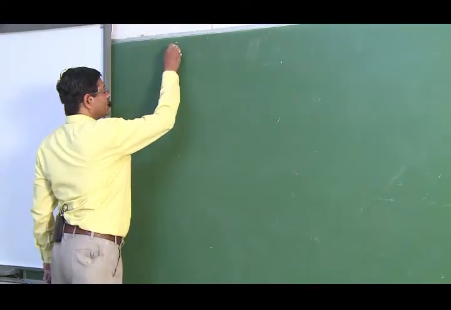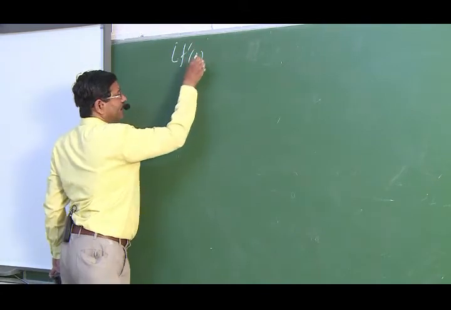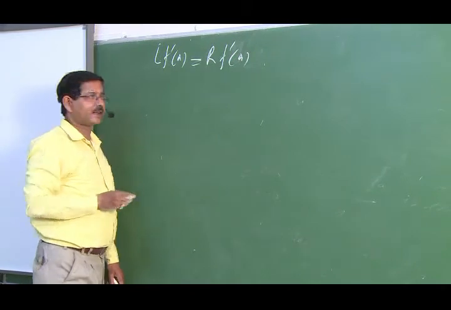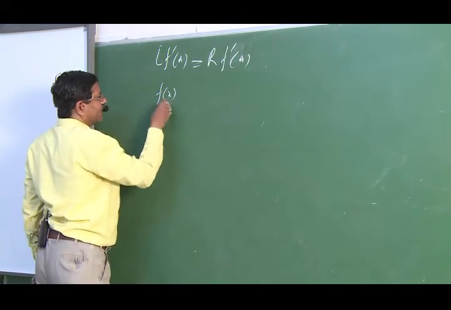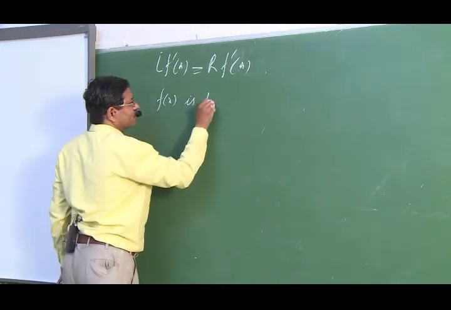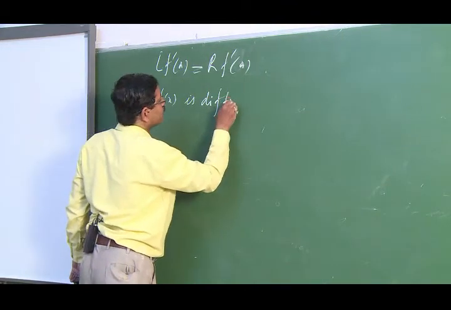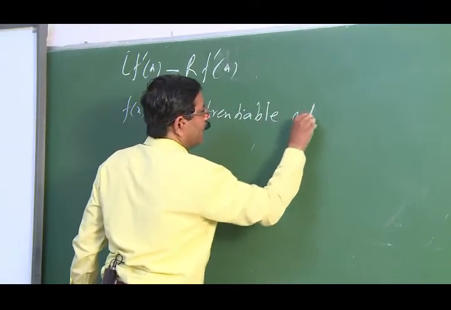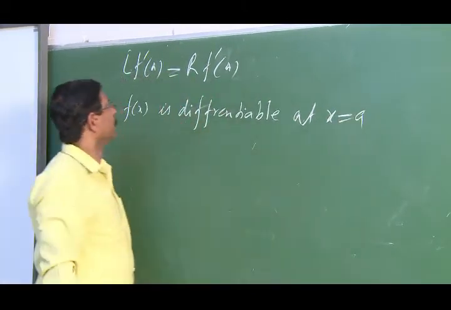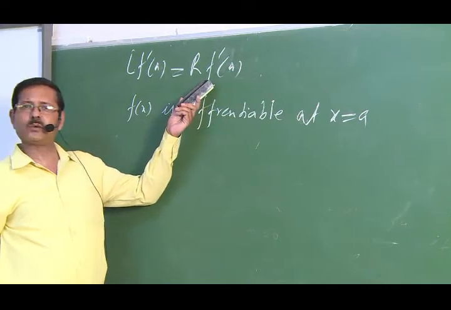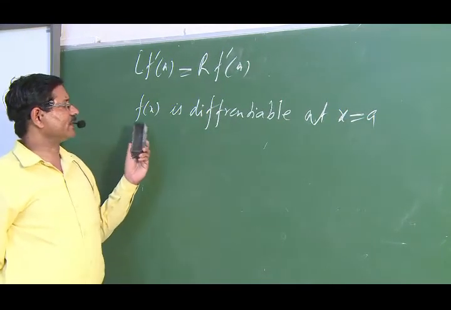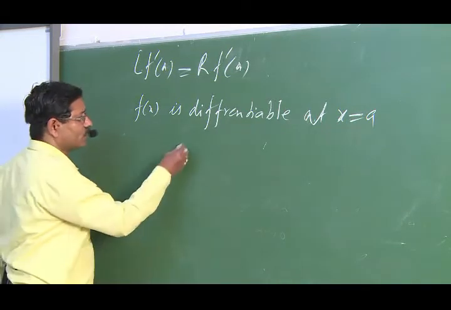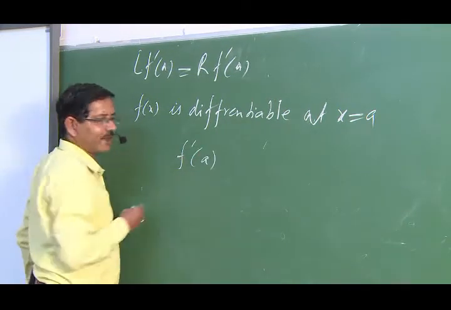If the left hand derivative Lf'(a) is equal to the right hand derivative Rf'(a), then we say that function f(x) is differentiable at x = a, and it is denoted by f'(a).